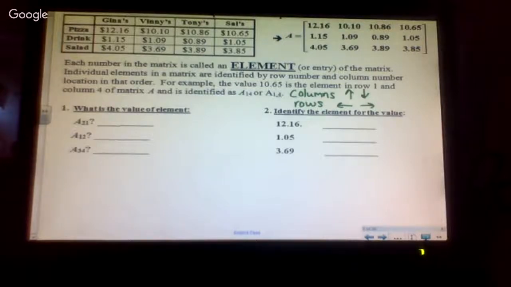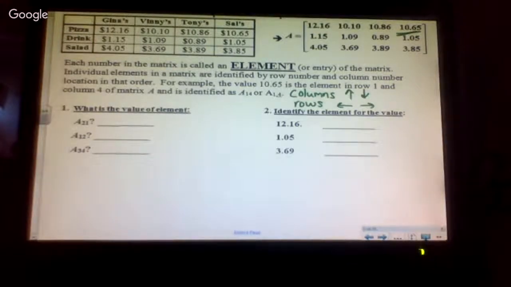So your value here, 10.65, is in row 1, column 4. So we'd identify it as A sub 1,4. Row 1, column 4. So A sub 2,1 means row 2, column 1.